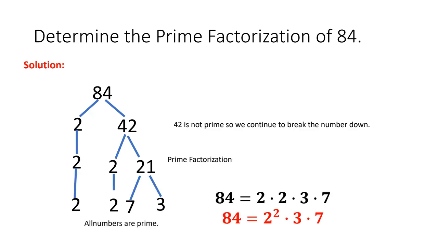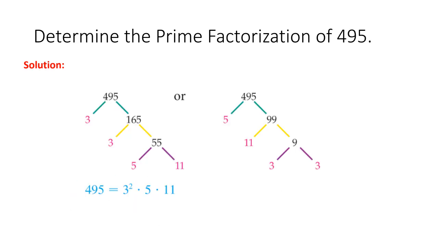So this is like going step by step with each of these numbers. Another prime factorization is for 495, and you can find the prime factorization in different ways. I recommend the left one, which is the one where you do it in order. Start with the smallest number that you can divide it by. 495 is not divisible by 2 because it doesn't end in an even number.